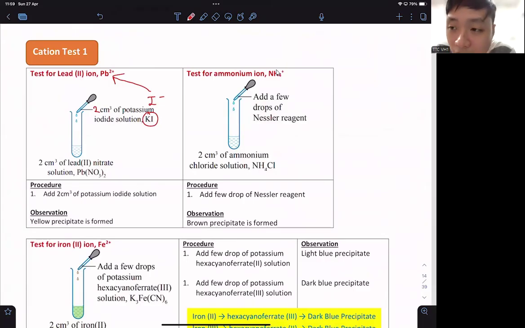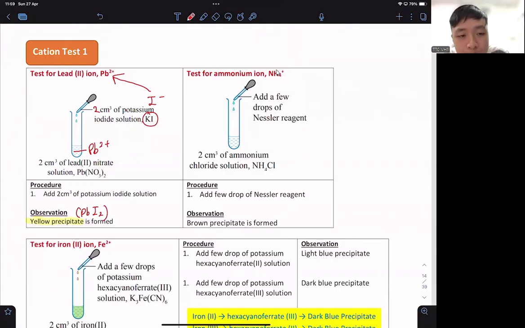But the point is the I finds Pb2 plus, and you form the yellow PbI2. To confirm that inside the test tube there is Pb2 plus, you add 2 cm cube of potassium iodide.